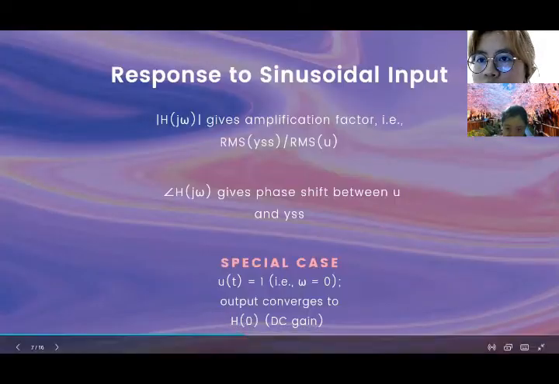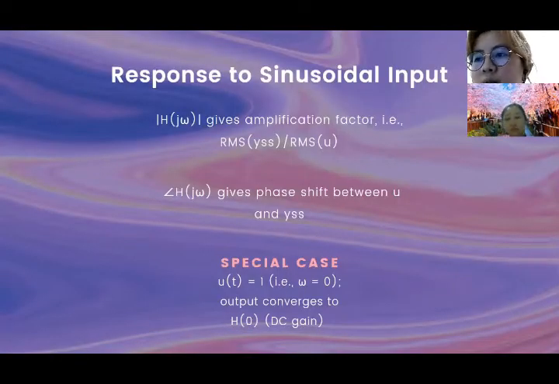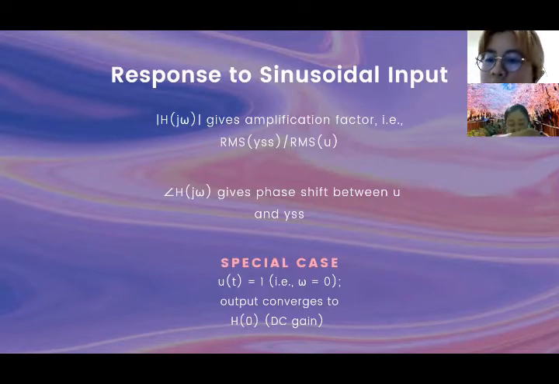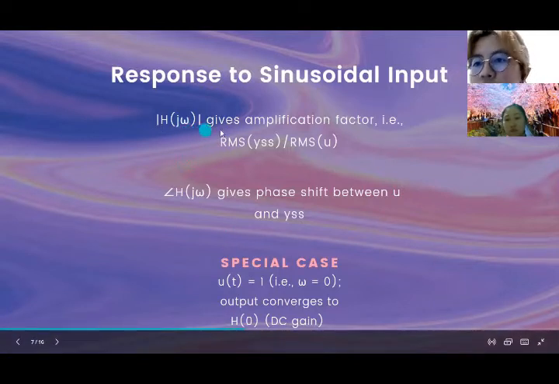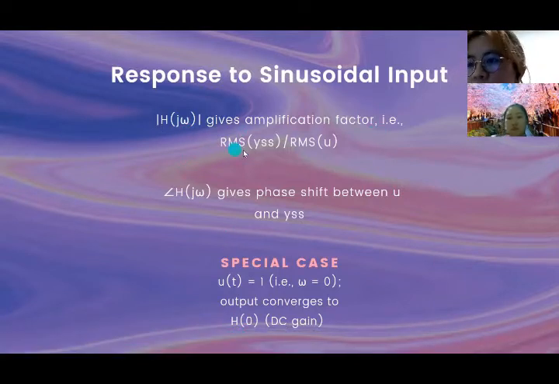Now, to conclude from the previous equation: if the convolution system is stable, the response to a sinusoidal input is asymptotically sinusoidal with the same frequency as the input and with magnitude and phase determined by H(jω). Magnitude |H(jω)| gives the amplification factor, like RMS of y_ss over RMS of u. Phase angle of H(jω) gives the phase shift between u and y_ss.